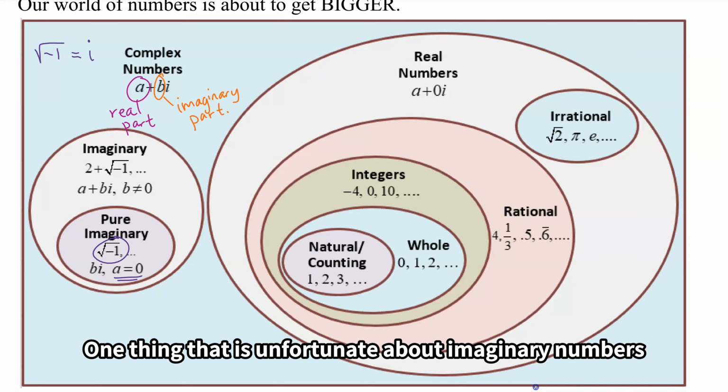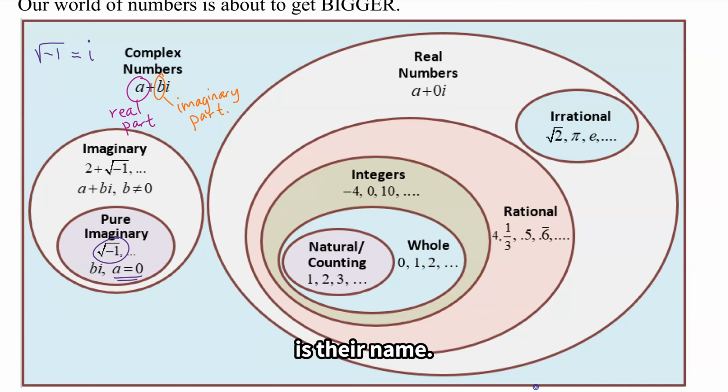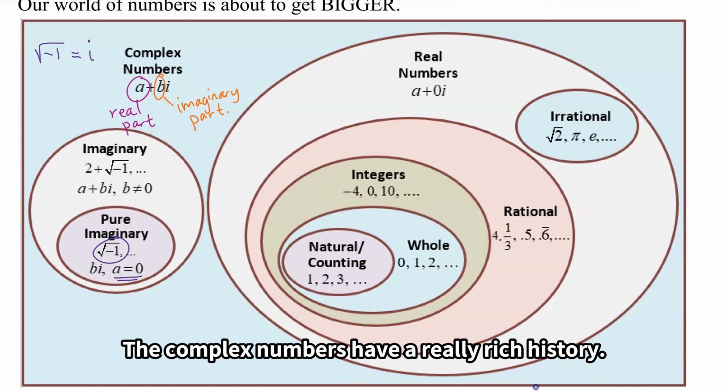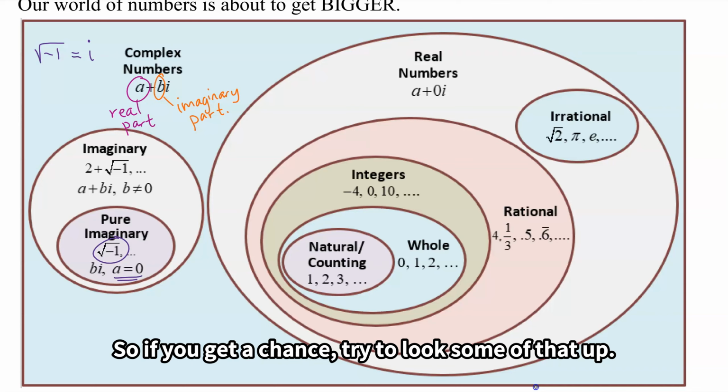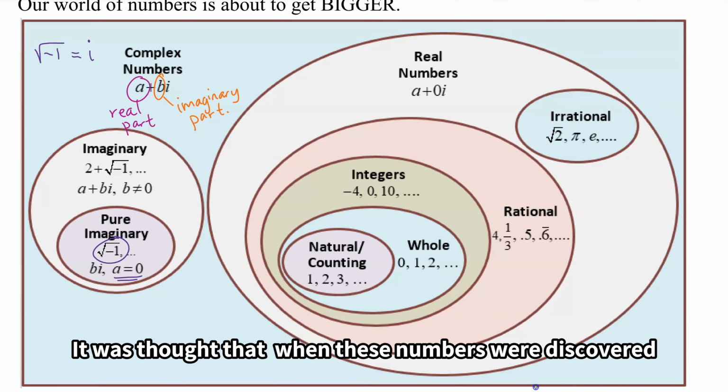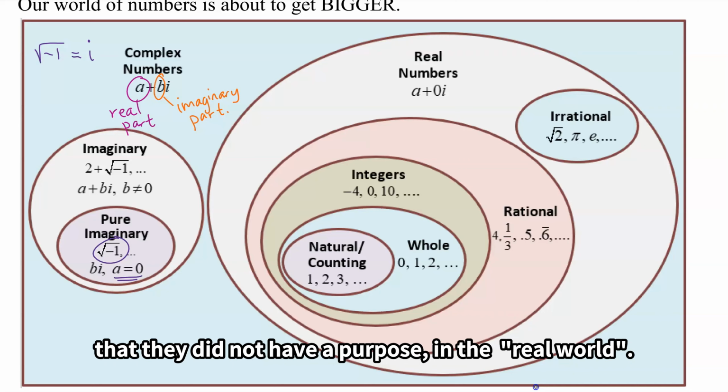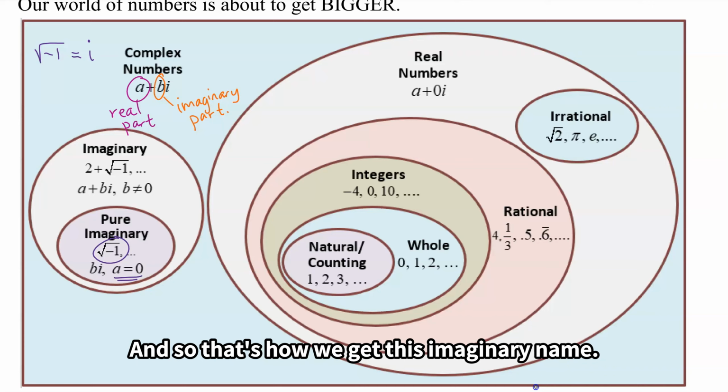One thing that is unfortunate about imaginary numbers is their name. The complex numbers have a really rich history, so if you get a chance, try to look some of that up. But it was thought when these numbers were discovered that they did not have a purpose in the, quote, real world. And so that's how we get this imaginary name.